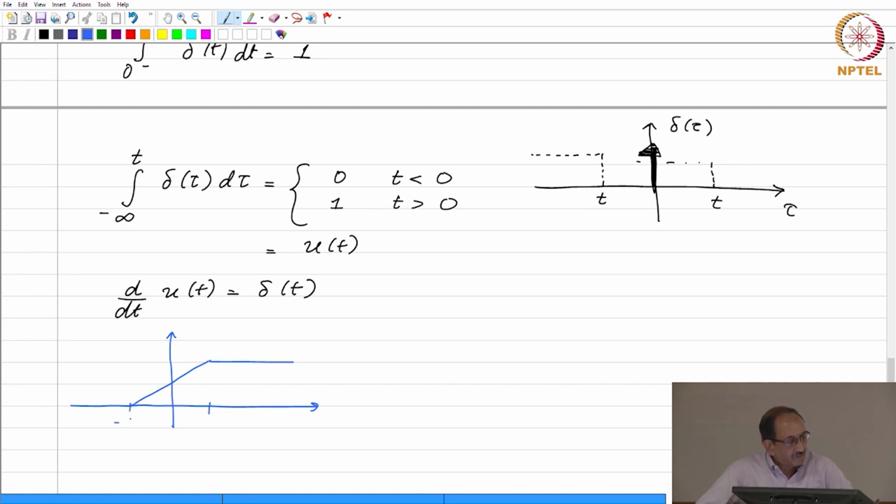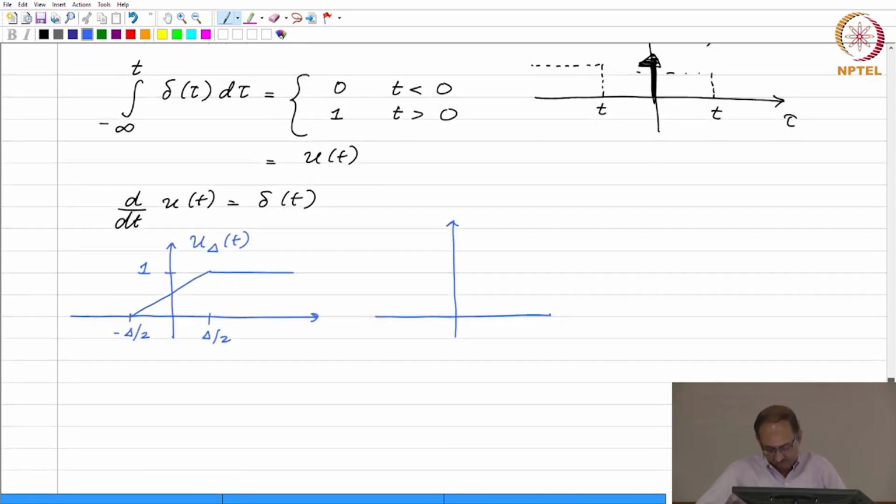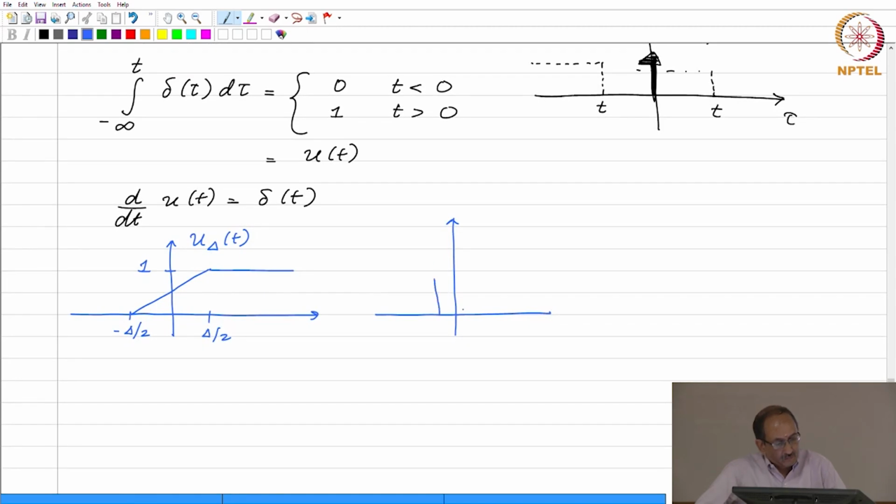So this is u delta of t, and u delta dash of t.